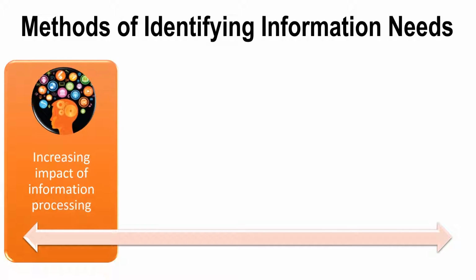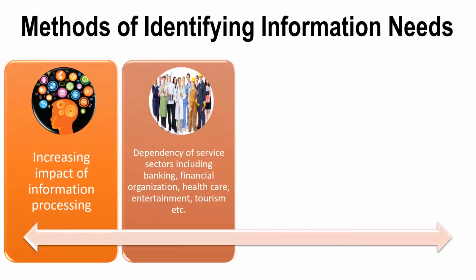Firstly, the increasing impact of information processing on organizational decision making. Secondly, the dependency of service sectors, including banking, financial organizations, healthcare, entertainment, tourism and travel, education, and numerous others on information.